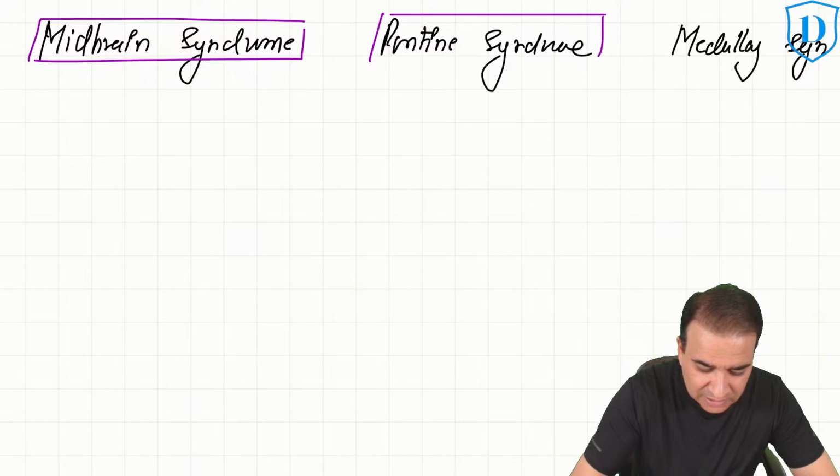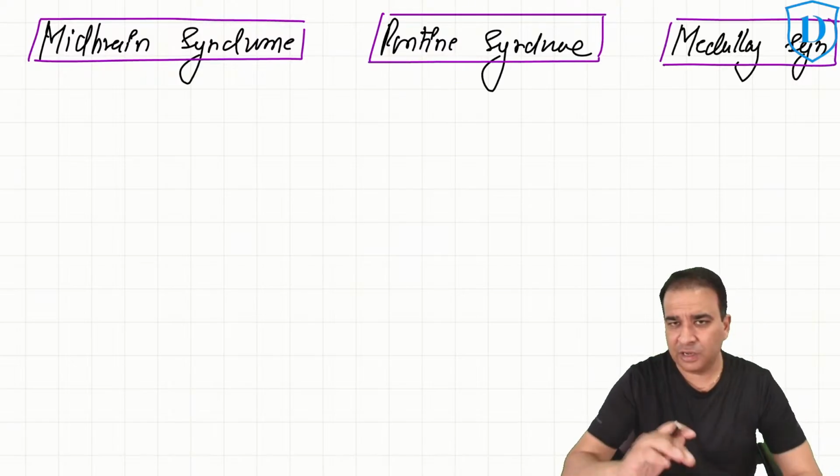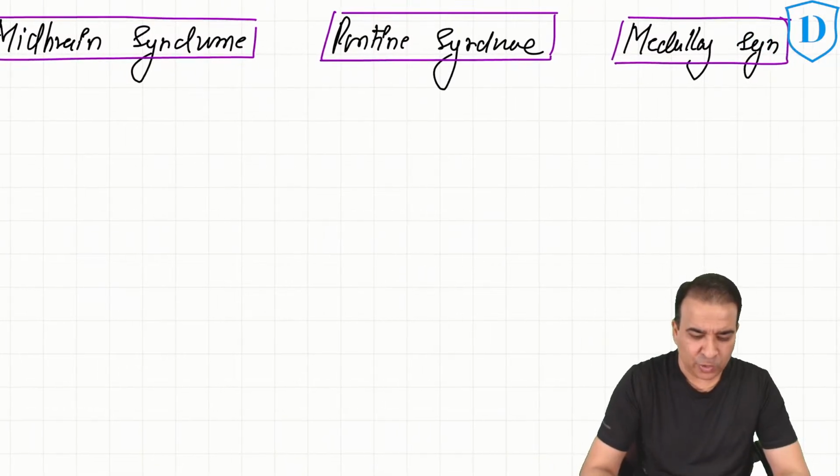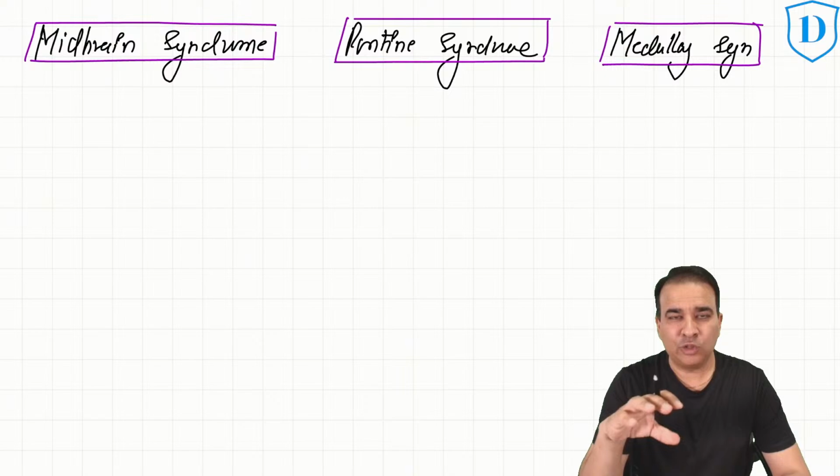Honestly, to understand these syndromes we need to know a lot of details about the lemniscus and the nuclei, but what I'm trying to do here is give you a simple approach to how to look into the major syndromes.